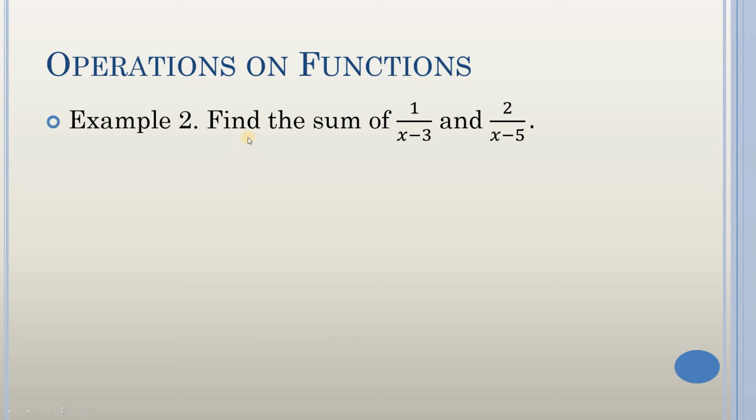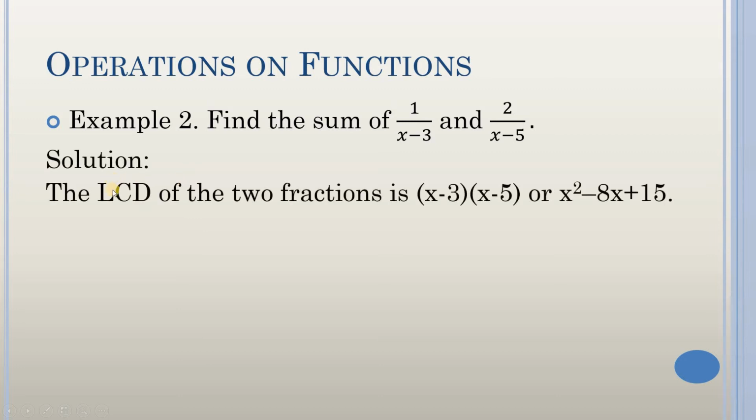Example number 2, find the sum of 1/(x minus 3) and 2/(x minus 5). For the solution, the least common denominator of the two fractions: the denominator of the first fraction is x minus 3, and the denominator of the second fraction is x minus 5.